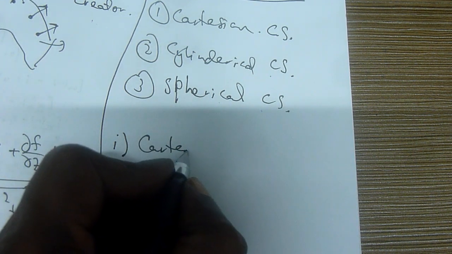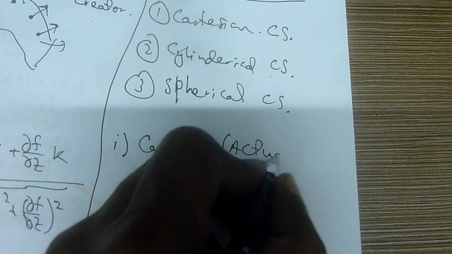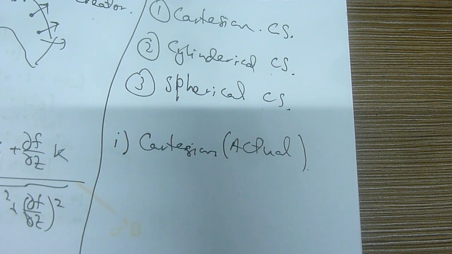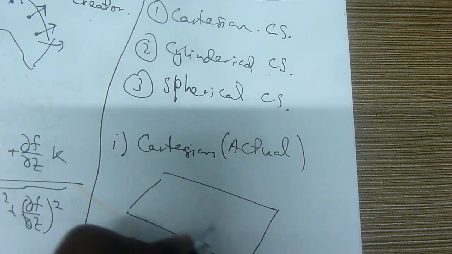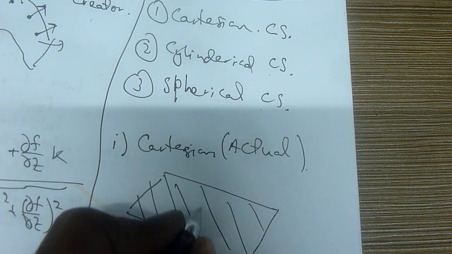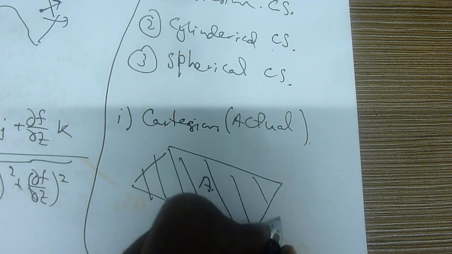Cartesian, actual. Later I'll teach you how to handle the shadow. For everything in Cartesian, it has a shadow also. Now you can see the Cartesian here. For example, we learned before dx dy.